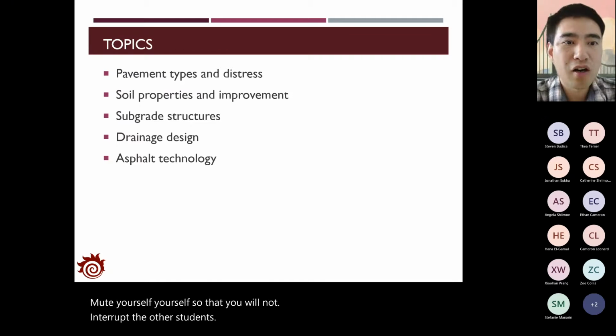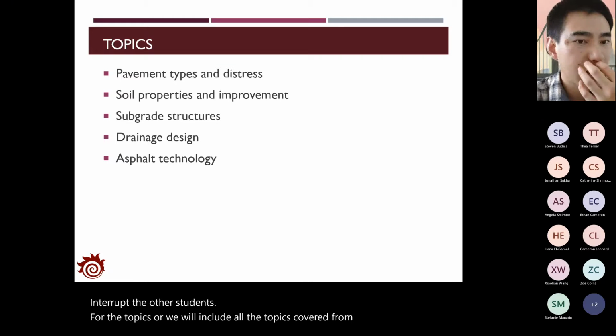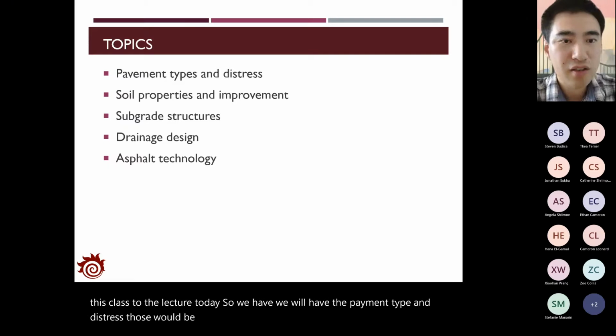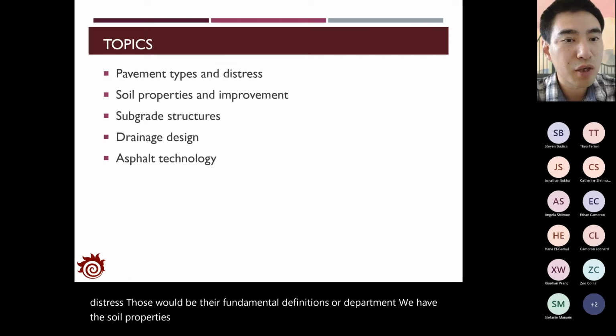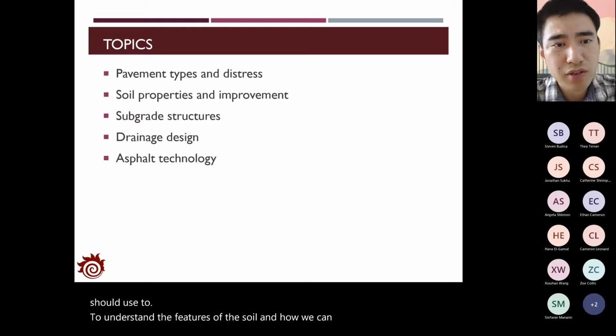For the topics, we will include all the topics covered from the start of this class to the lecture today. So we will have the pavement types and distress. Those are the fundamental definitions of the pavement. We have the soil properties and improvement: what kind of properties we should use to understand the features of the soil and how we are going to improve the properties of the soils.